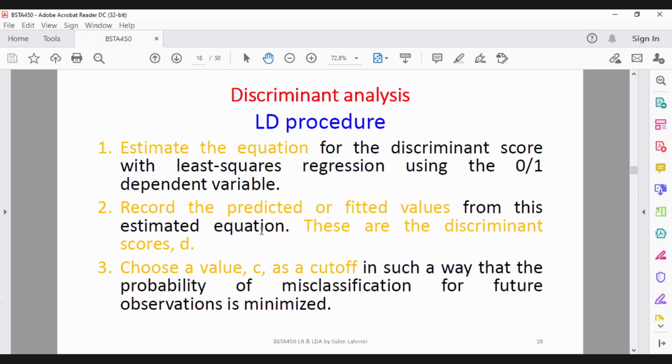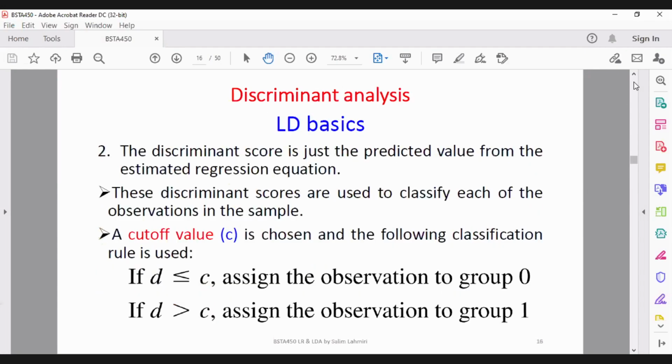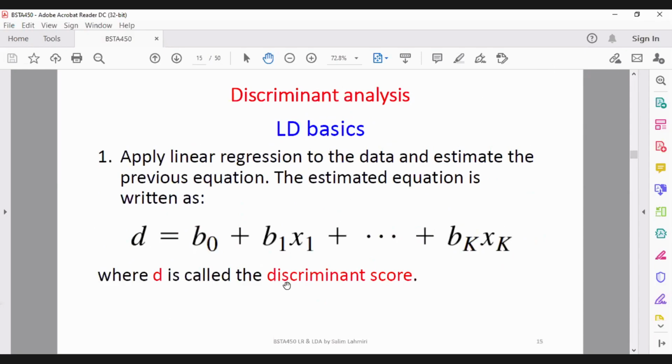These are the discriminant scores D, meaning that you replace X by its corresponding values, multiply by the betas and add beta 0, and you get the corresponding D's. So you will get a vector of the D's.